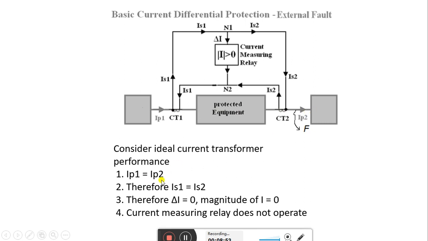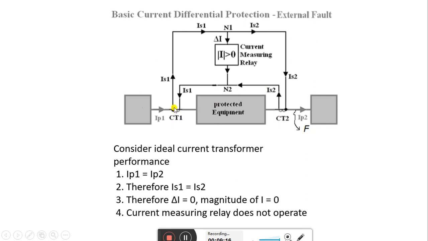So IP1 will be equal to IP2, and if this happens, then IS1 will be equal to IS2. What is IS1? IS1 is flowing through current transformer CT1, and IS2 is flowing through current transformer CT2.